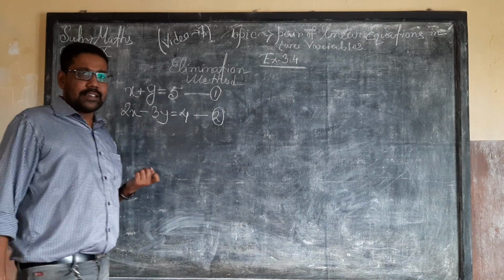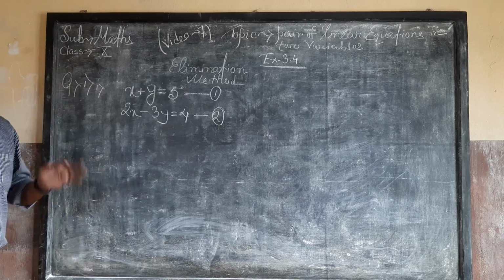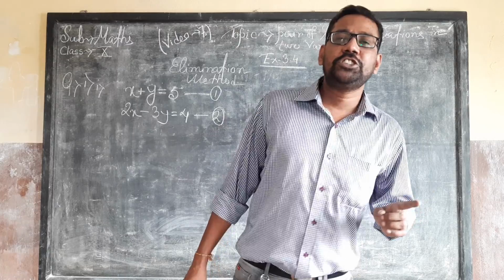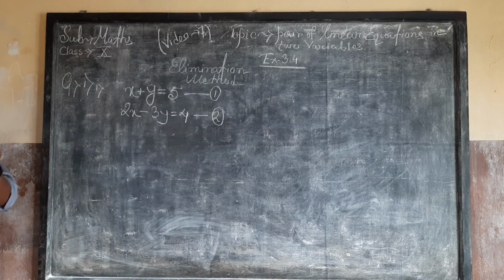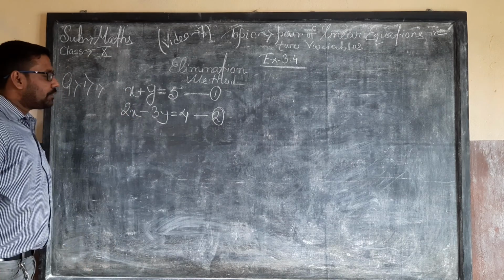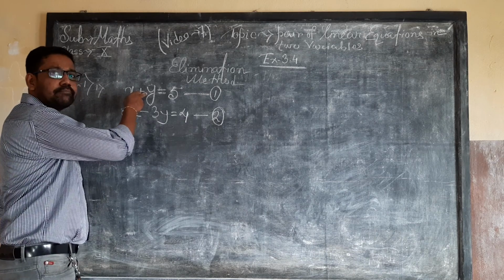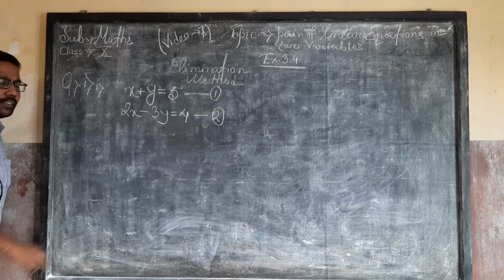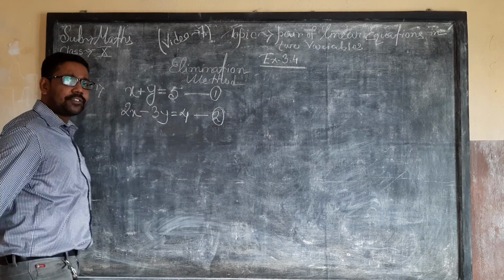So at first we try to equate the coefficient of one of the variables in both equations. In the first equation, the coefficient of x is 1 and the coefficient of y is 1; in the second one, the coefficient of x is 2 and the coefficient of y is minus 3.